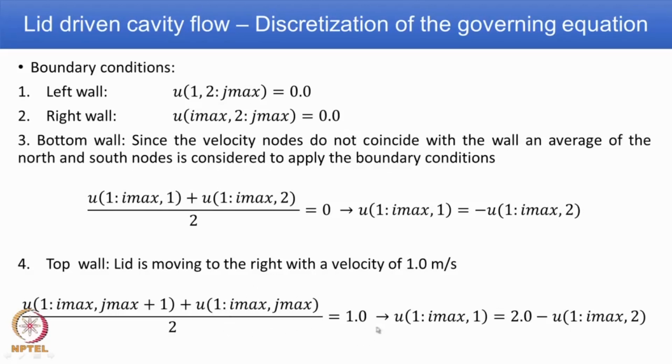Now, rearranging, you get the expression u 1 to I max comma j max plus 1 equal to 2.0 minus u 1 to I max comma j max.